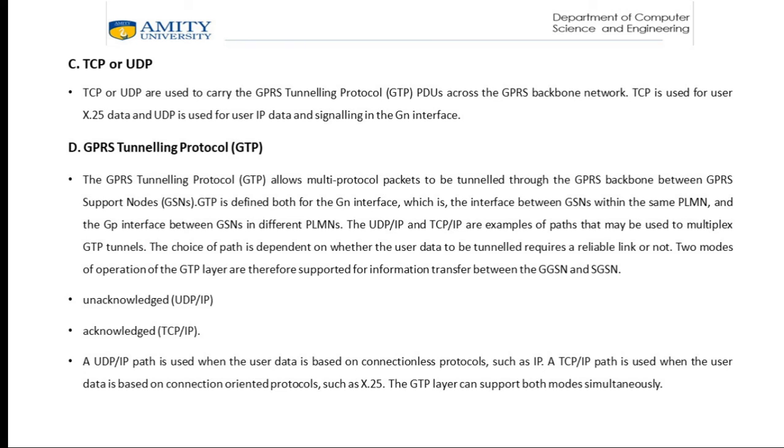These are unacknowledged, or UDP/IP, and acknowledged, that is TCP/IP. A UDP/IP path is used when the user data is based on a connectionless protocol such as IP. A TCP/IP path is used when the user data is based on a connection-oriented protocol such as X.25. The GTP layer can support both modes simultaneously.